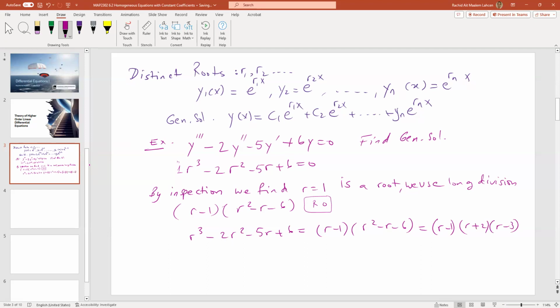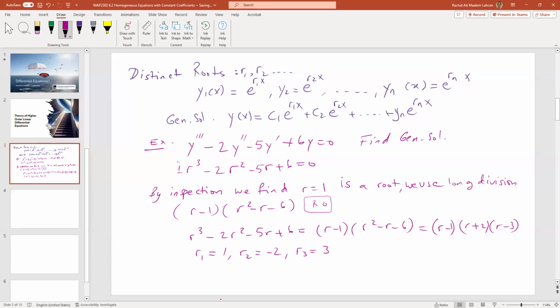And that would give us the roots. R sub 1 is, let's say, 1 from the first factor. R sub 2 is, let's say, negative 2 from the second factor. And R sub 3 is equal to 3 from the third factor.